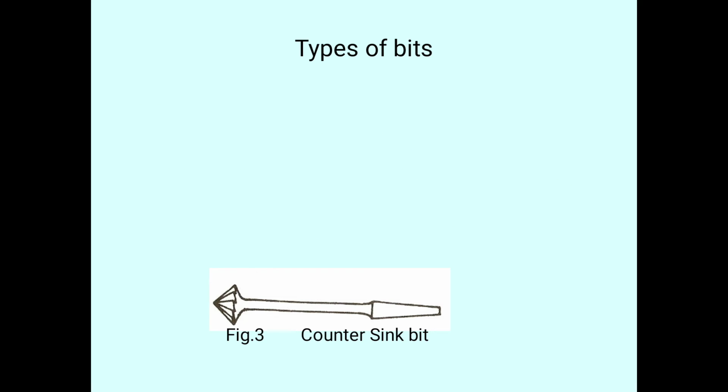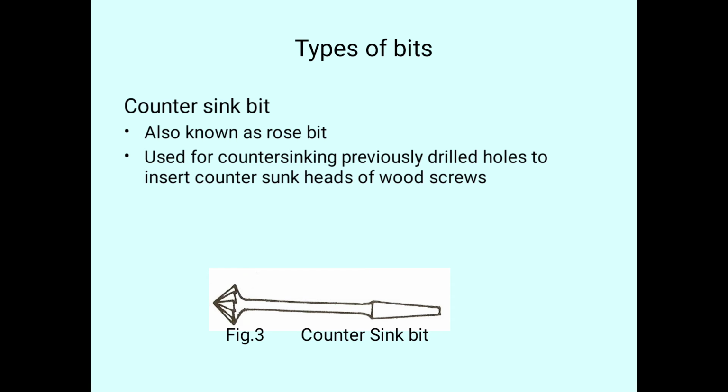Next one is the countersink bit. This is also known as a rose bit. This countersink bit is used for countersinking previously drilled holes to insert countersunk heads of wood screws.